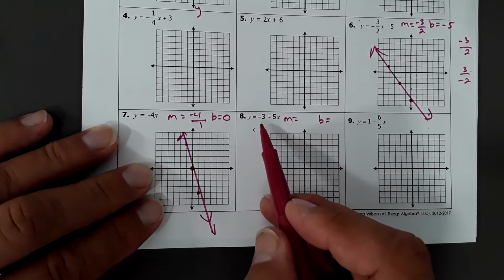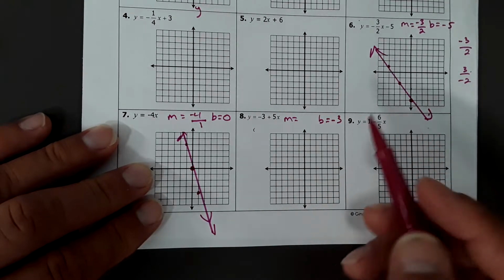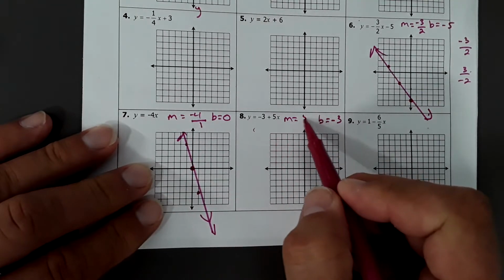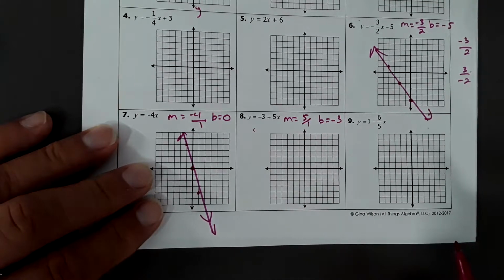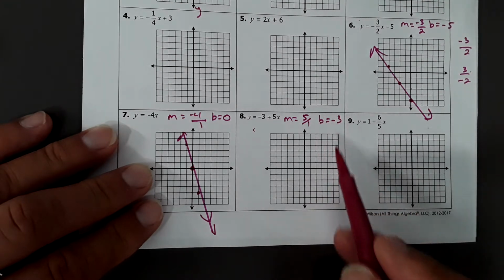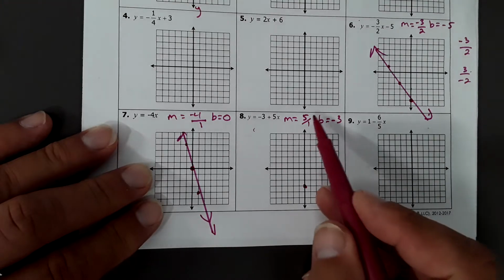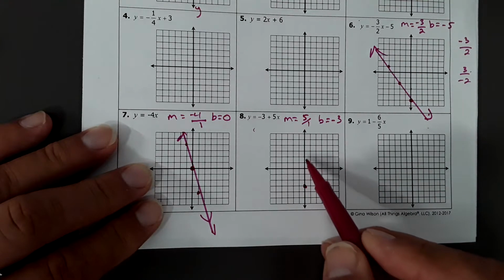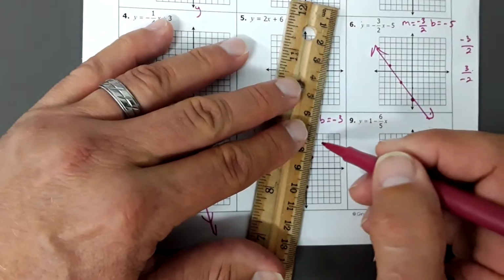Well, the constant in this problem is -3, which means the only other number that's left has to be your slope, which is 5, which I need to be a fraction. So 5 over 1. So I'm going to begin with my b number at -3, and then I'm going to rise 5 and run 1. And that gives me enough to graph it.